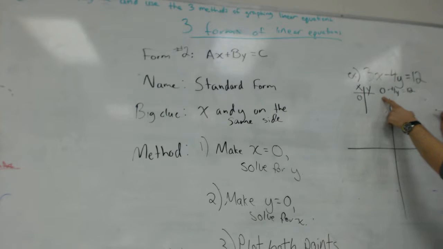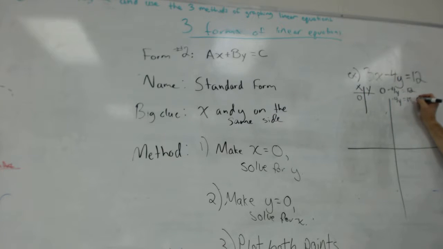In other words, negative 4y equals 12. If I divide both sides by negative 4, then I see that y equals a positive divided by a negative, which is negative 3. So when x is 0, y is negative 3.